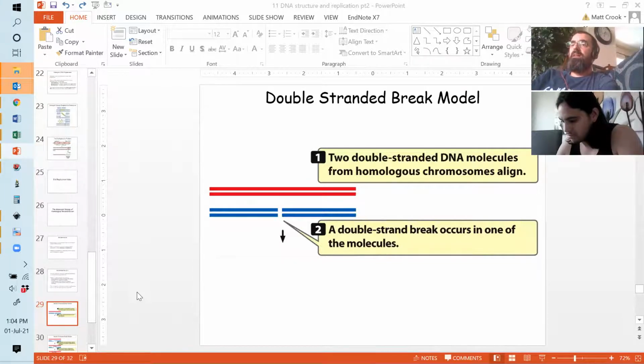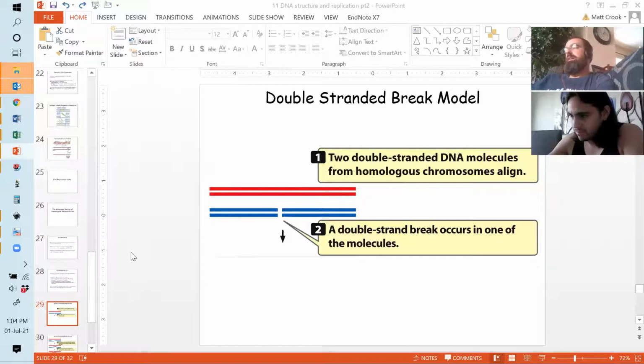Now, once you've done that, one of the strands has a double-stranded break induced, right? So you have to break the DNA for recombination to occur. And obviously that's not something you do lightly.